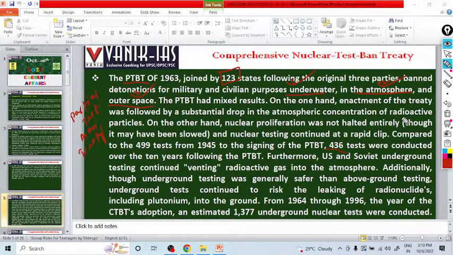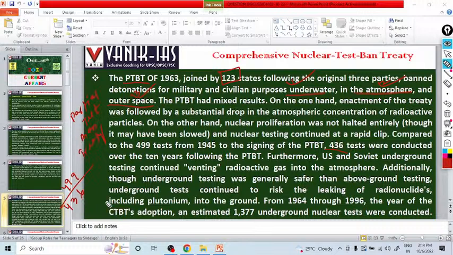So, although PTBT was signed, it has not completely reduced the number of tests. As compared to 499 tests prior to the PTBT, in the next 10 years, 436 tests were conducted.